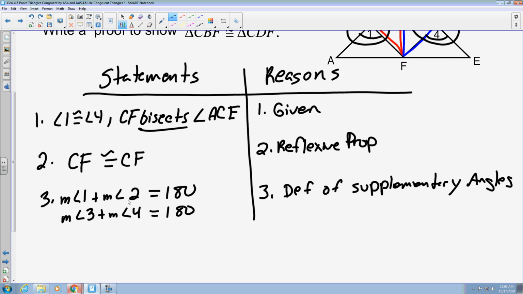From that, I can say that the measurement of angle 1 plus the measurement of angle 2 will equal the measurement of angle 3 plus the measurement of angle 4. Because they're both 180 degrees, the transitive property allows me to do that.